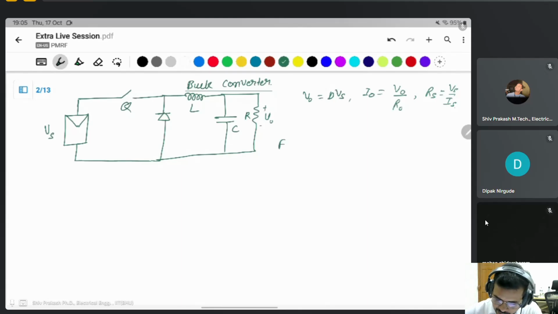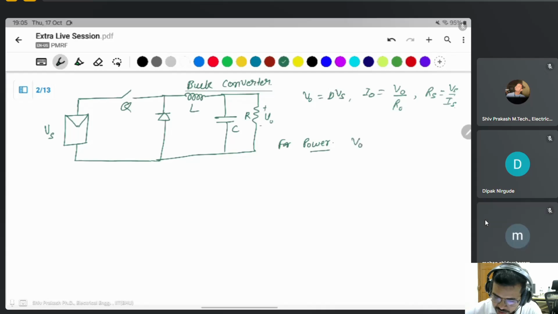For power balancing, V naught I naught is equal to Vs Is. You can write V naught square by R naught equal to Vs square by Rs.